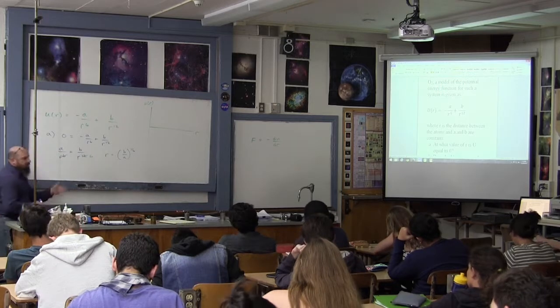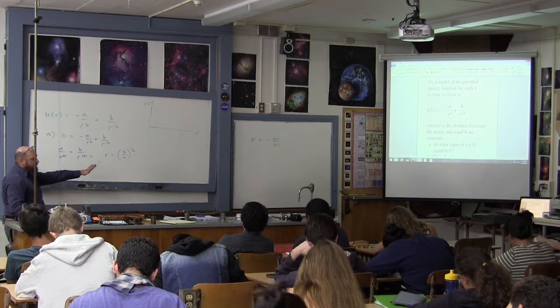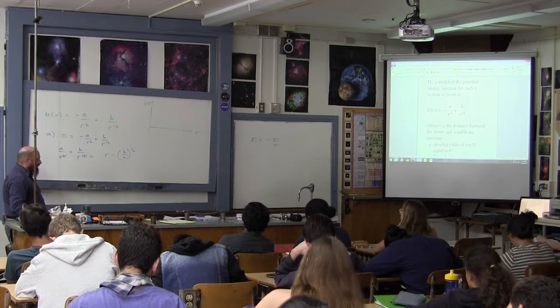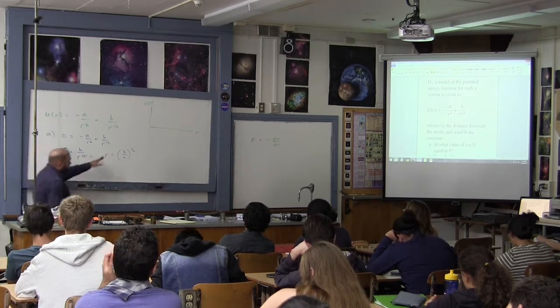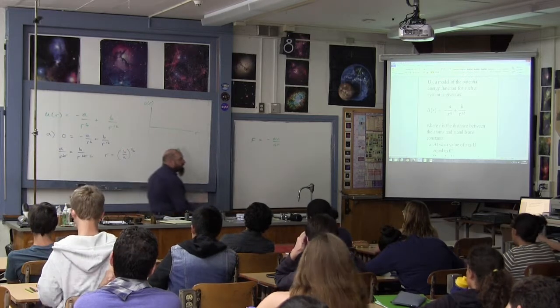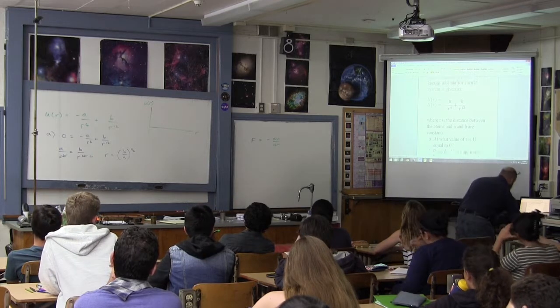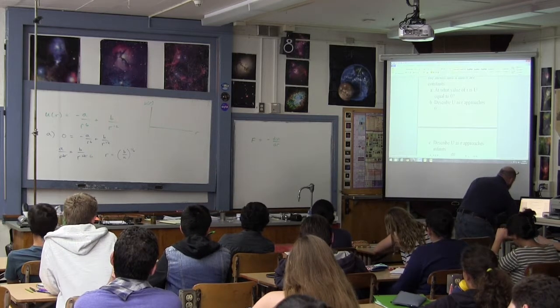Now technically, yes, it's plus and minus, but in this particular problem, we're just going to work on the right-hand side of the diagram, as I've already begun to describe it. So this right here, this value of r, somewhere over here, that's where our potential energy function is going to cross the axis. Now, let's see.